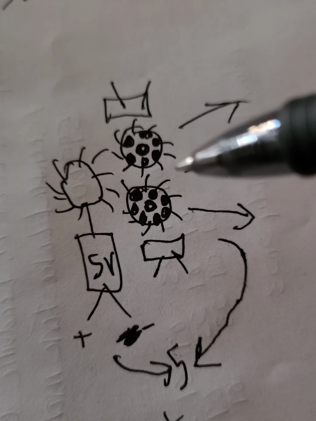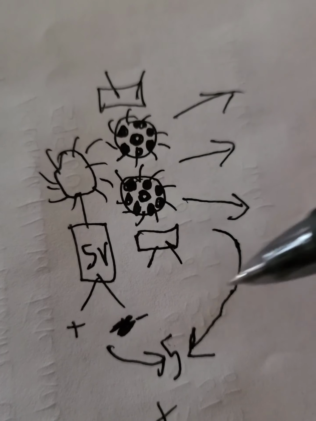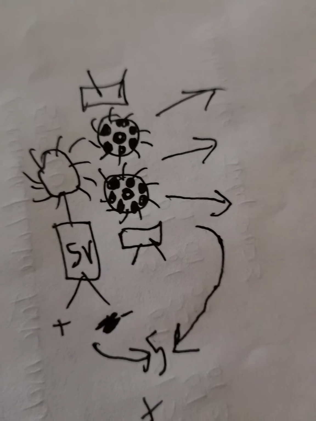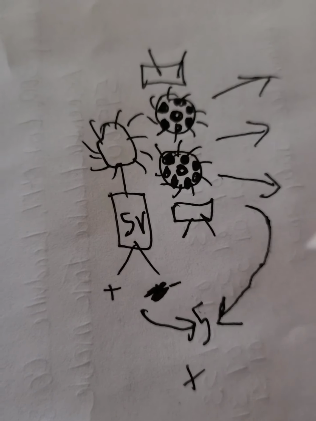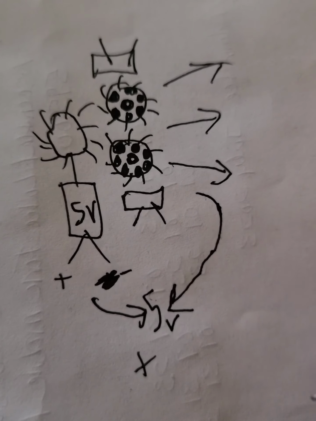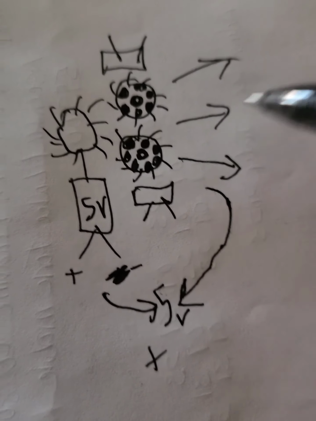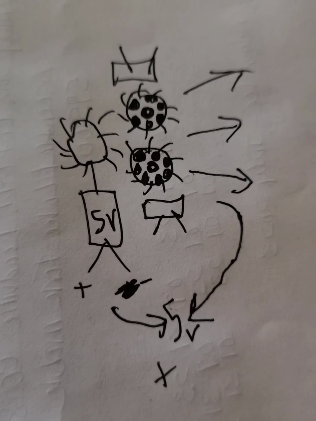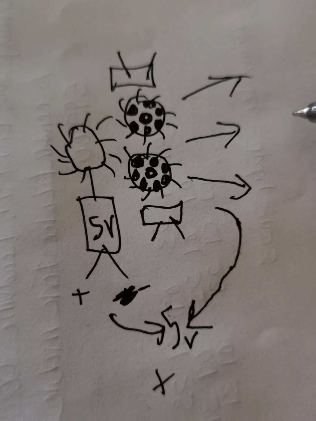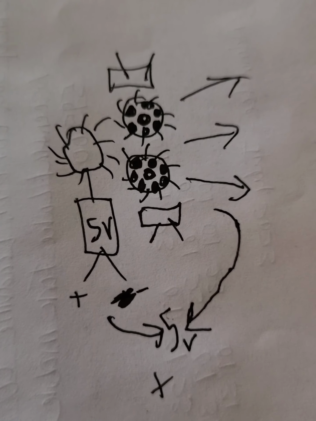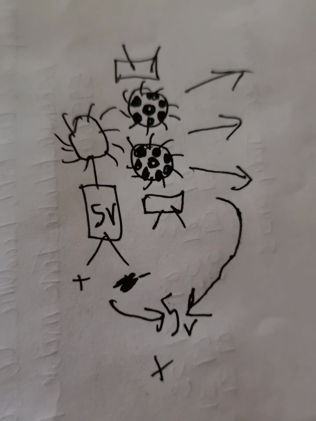And theoretically, if it's done right, this production could be almost endless. So we not only get our necessary 5 volts to power it, but we have a ton of other energy being created, and all for free.